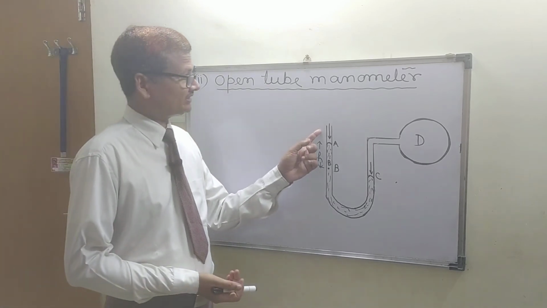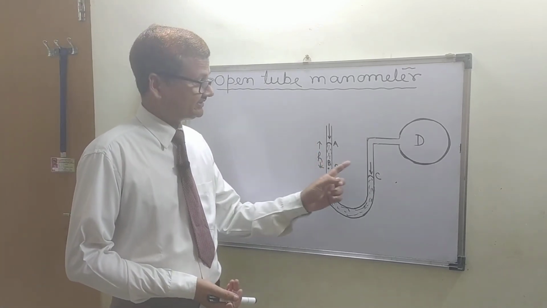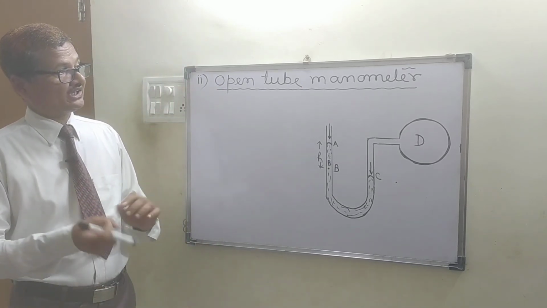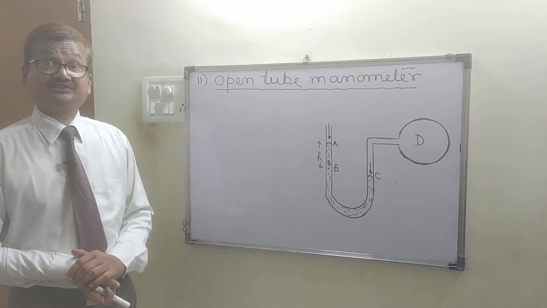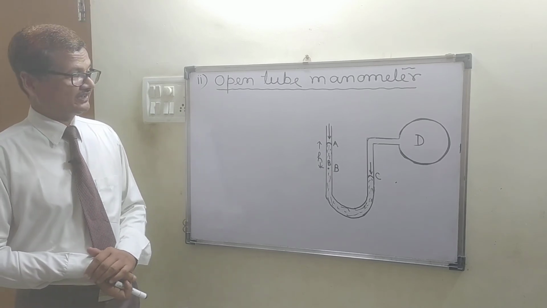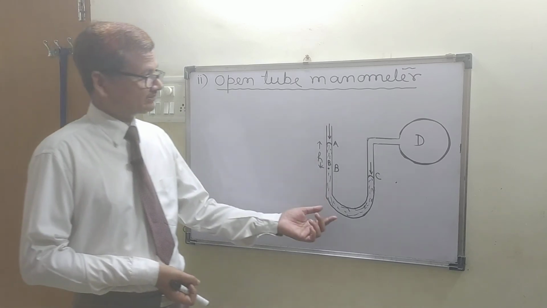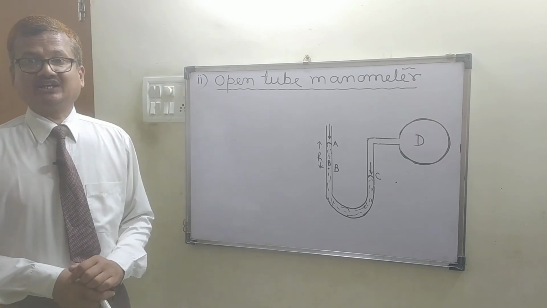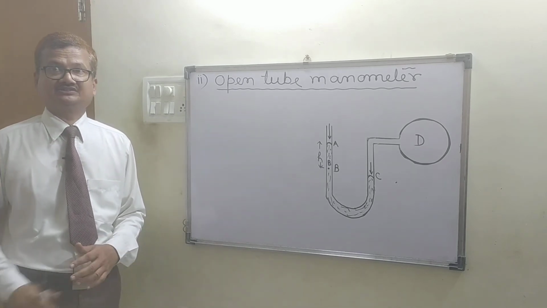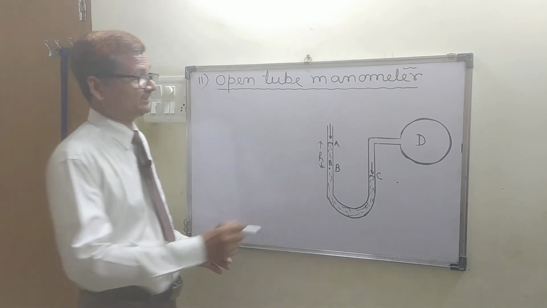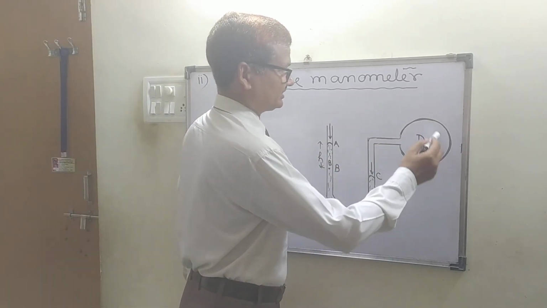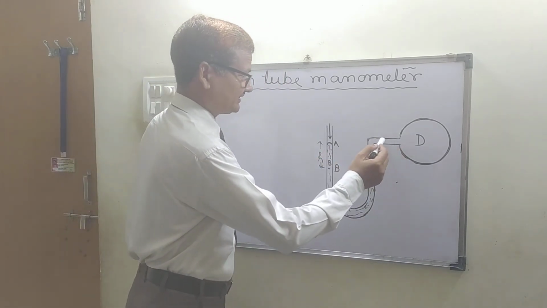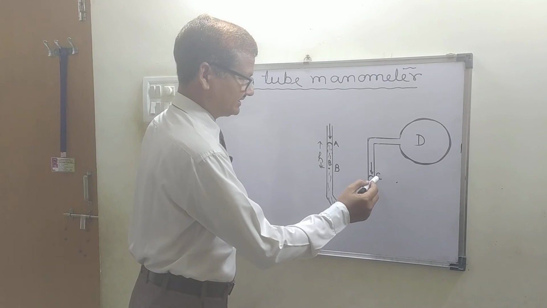One end of the U-tube is open to the atmosphere, and the other end is connected to a container having the gas or vapor whose pressure is to be measured. The U-tube is partly filled with a low density liquid like water or kerosene. With this manometer we measure the pressure of the gas or vapor in the container. Because of the higher pressure, the liquid level here will go down a little.